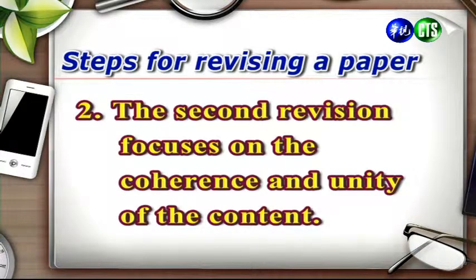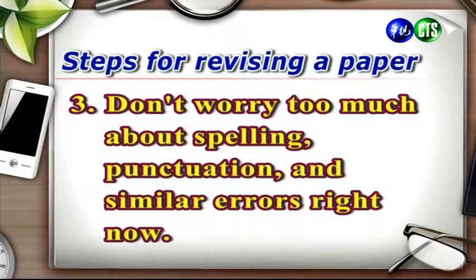For your second revision, focus on the coherence and unity of the content. You can add signal words or phrases between sentences and paragraphs, and you can also take away irrelevant arguments and examples. And the third thing is don't worry too much about spelling, punctuation, and similar errors right now.